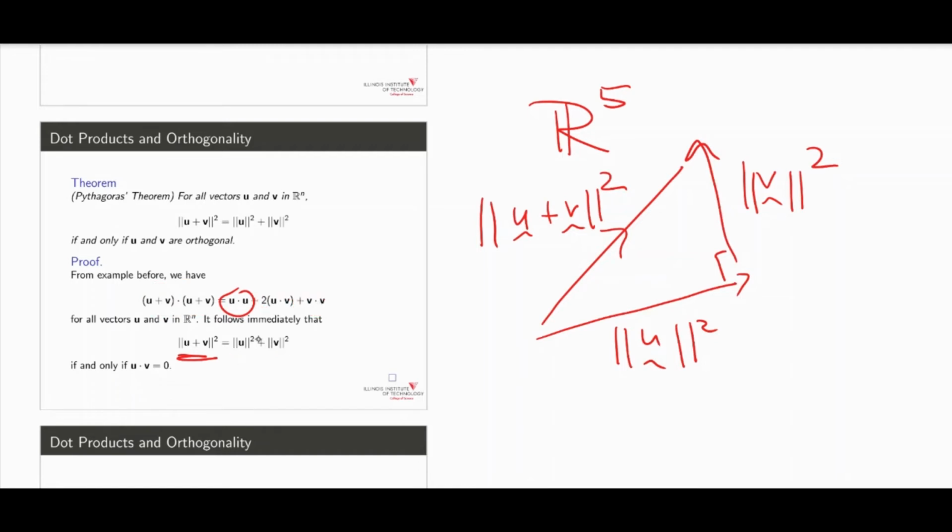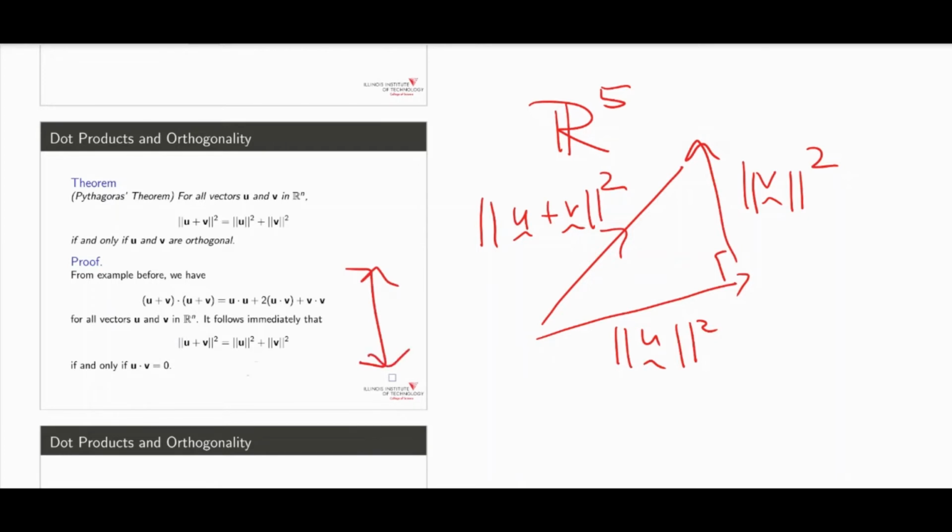So you will have that this quantity squared is equal to the sum of these two quantities, if and only if they are perpendicular. It's very, very simple proof.